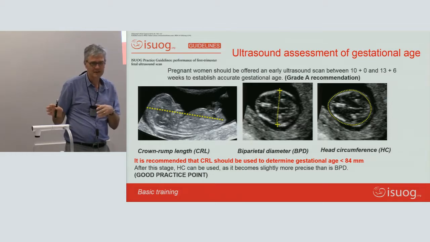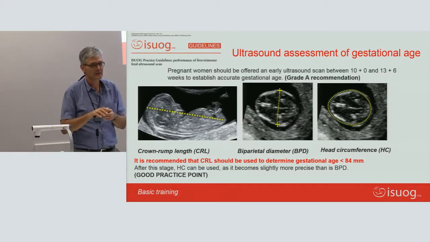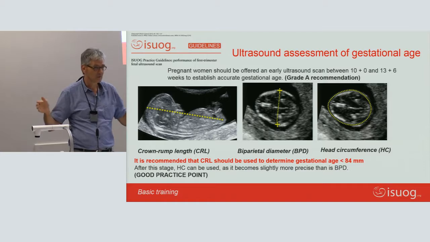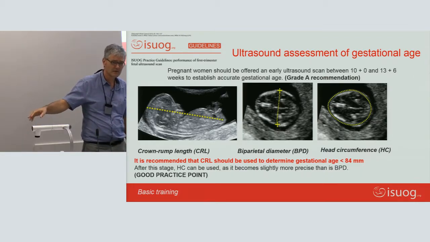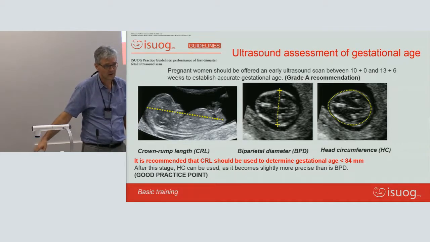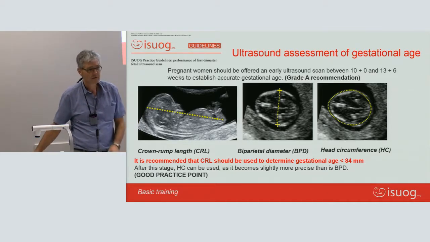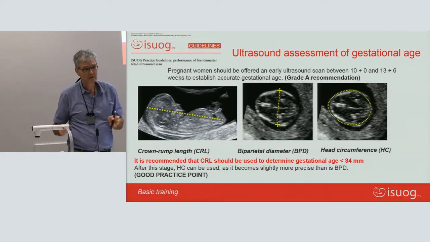I know it's actually 45, but then it doesn't work. So between 48 and 84 millimeters is when you can use crown rump length to determine gestational age. Below that, if it's 30, 20, 15, or 5 millimeters, don't determine the gestational age.